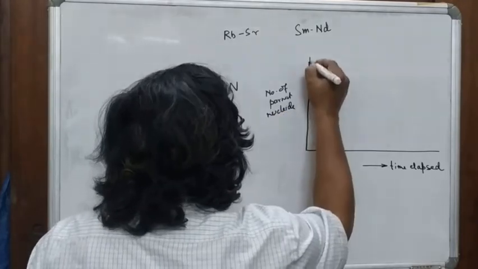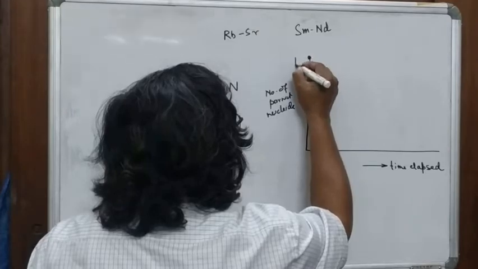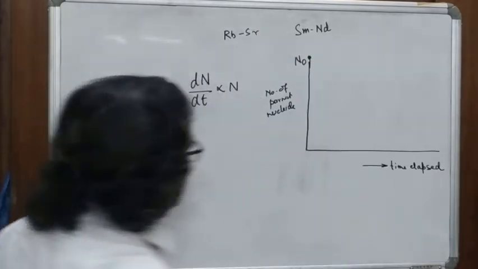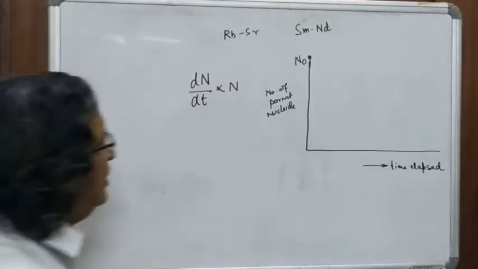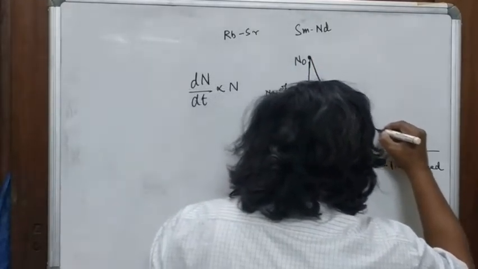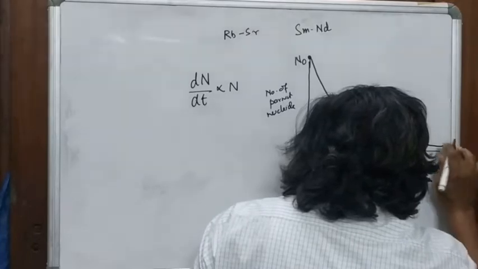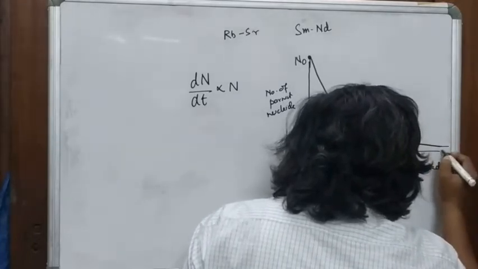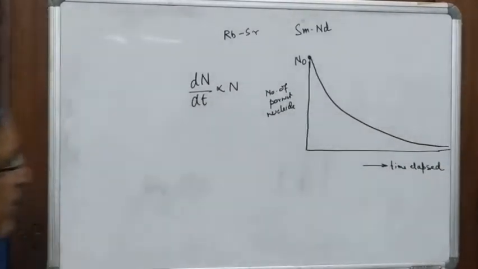So once you start with a particular number of parent nuclei, N0 at zero, you know that this decays with time, and so the decay curve is something like this.